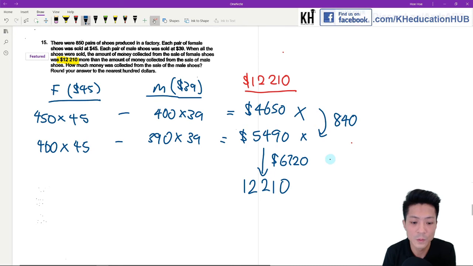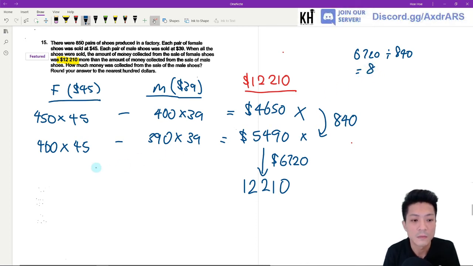Which means that I need to use 6,720. Let's just do some working by the side here. 6,720 divided by 840 is going to give me 8, which means that I need to add another 8 groups.